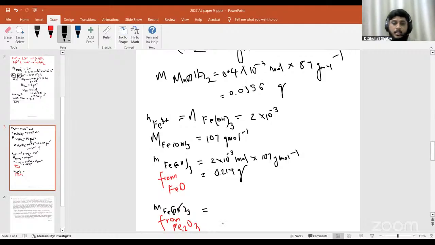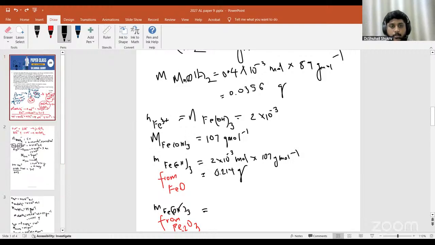Then how can I get this? 0.214 plus, actually we have to take the total mass of hydroxide we got here.